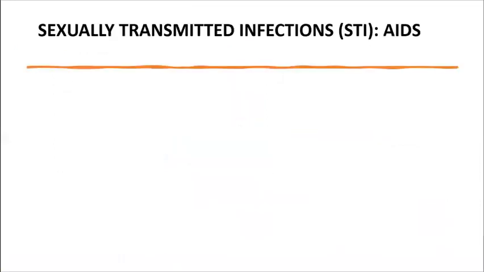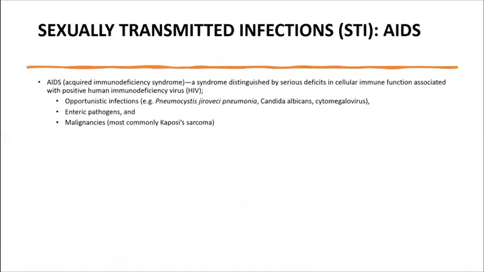Let's look at sexually transmitted infections like our AIDS. So AIDS will be your acquired immunodeficiency syndrome, a syndrome that is distinguished by serious deficits in cellular immune function that is associated with positive HIV virus. Again, what are you going to see in these clients? Clinically, you're going to see opportunistic infections like your Pneumocystis jirovecii pneumonia.